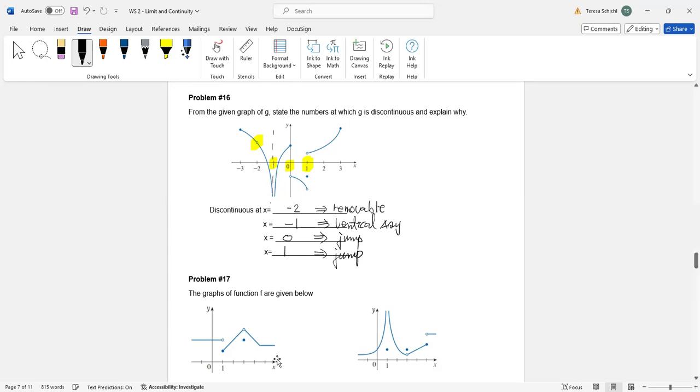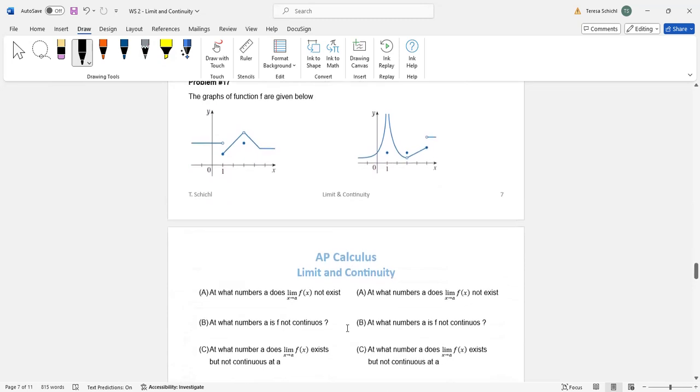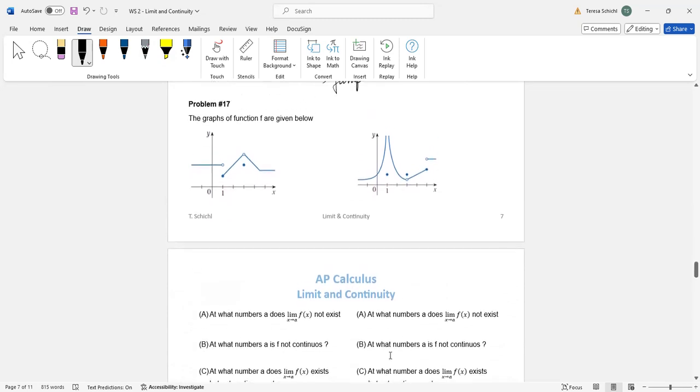Okay, so now let's take a look at this example. Basically, it tries to tell us how to find the right limit and the left limit, and continuity. So let's say, at what number does the limit not exist? We learned a lot of limit problems. The first will be x equal to 1, correct?